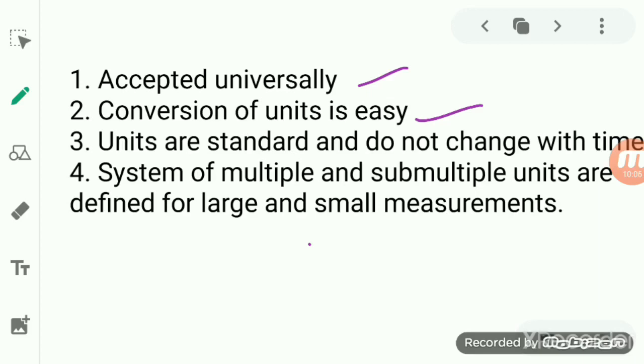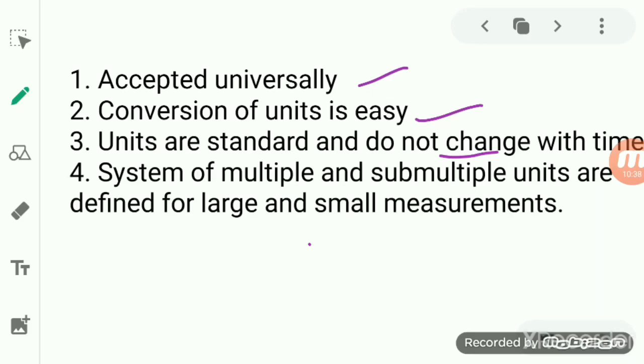If you see the third one, students, units are standard and they do not change with time or place. I told you that it is accepted universally. It means all the people are using this SI unit, and an important reason is that the unit does not vary with time or place.